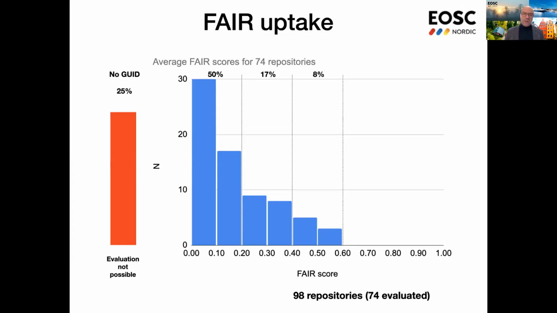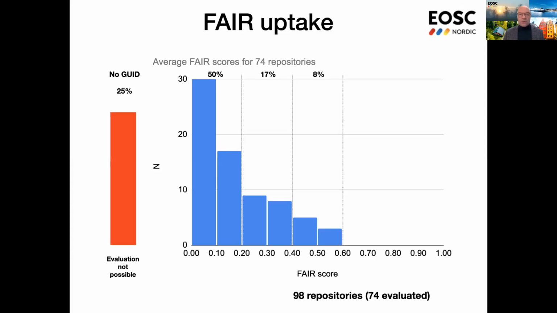But the essential part here is, again, the point about these global unique identifiers, which is the topic of today's webinar. So we have about 25% of these 100 repositories that do not have global unique identifiers. So there's no way to uniquely identify a single data set for about 24 repositories.